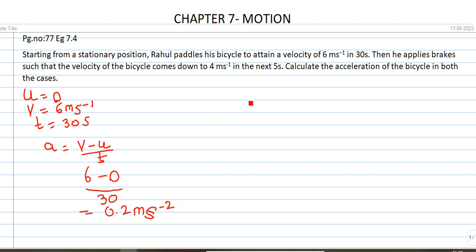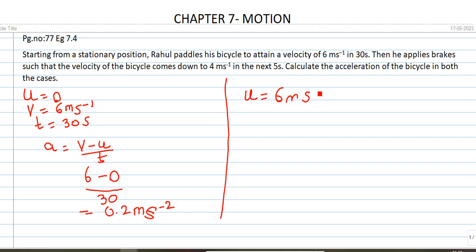Now the second case is he is applying brakes, which means he is decelerating, meaning he is reducing his speed. So we will go to the second case where our initial velocity u will be 6 meters per second.